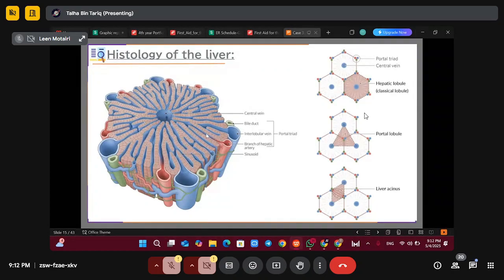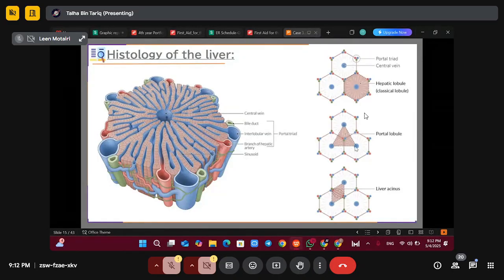What are these cells? These cells are the parenchyma of the liver, or you can say the hepatocytes, right? So these are the hepatocytes within the hepatic globules, and the hepatocytes are the parenchyma of the liver. You guys might have studied the parenchyma of the lung. Similar to that, we have the parenchyma of the liver, right?